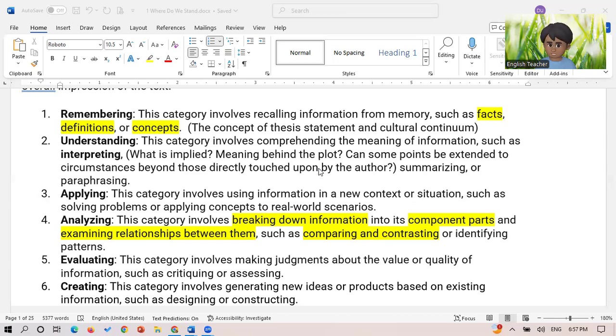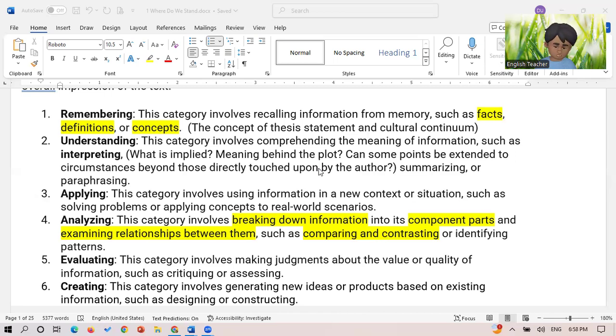So the first step in Bloom's taxonomy is remembering facts, definitions, and concepts, being able to retell information from your memory. This is the easiest thing we can do as we read. First stage of reading. Then once you can remember, you can recall definitions and concepts and facts.